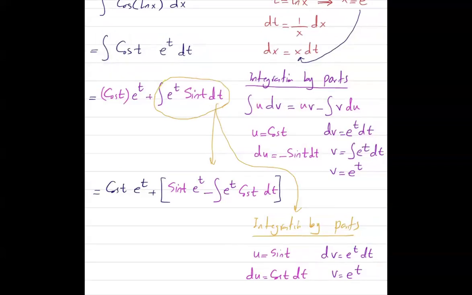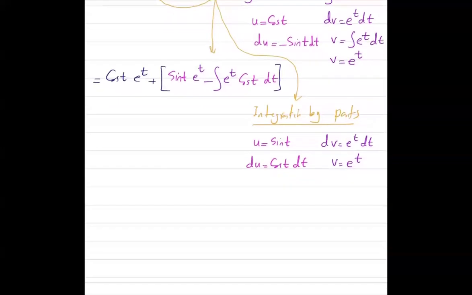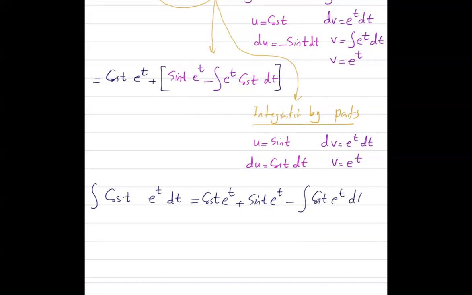This was the integral that I had. This in turn is written as cosine t e to power t plus sine t e to power t. And then I again got another integral minus the integral of cosine t e to t dt.